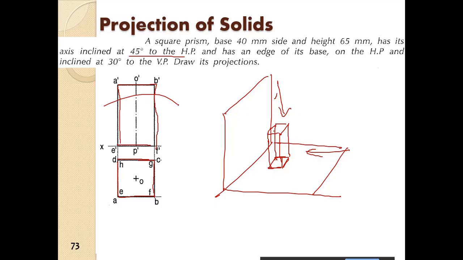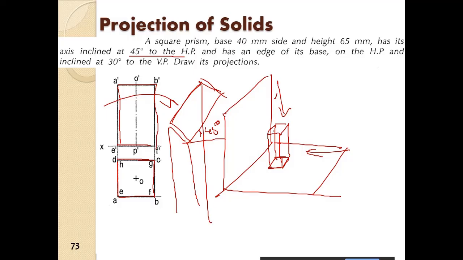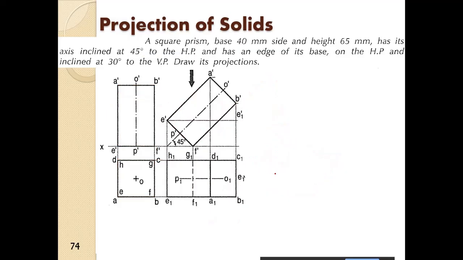So we rotate this 45 degrees. Right? So we rotate this 45 degrees. Easier. And then we project it down. Right? And we project it left. Right? So this is the top view. Okay, so this is what we do.